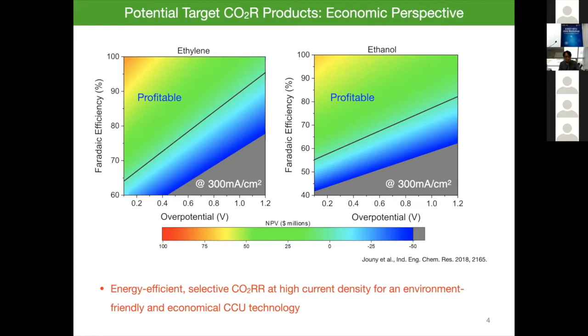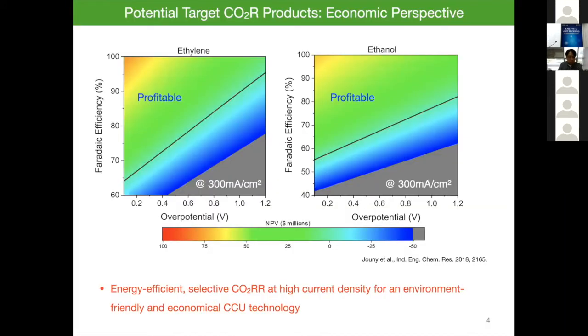First of all, you need to have a very high current density, at least 300 milliamps per centimeter squared, to drive CO2 reduction. And then you need to have a very high Faraday efficiency, more than 70%, to make ethylene and ethanol profitable. That comes from the separation cost after CO2 reduction.